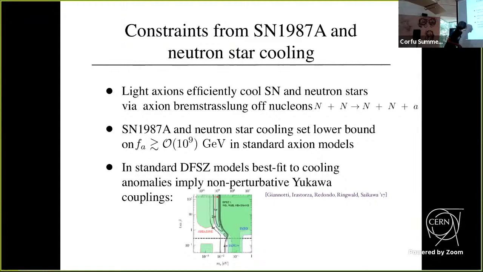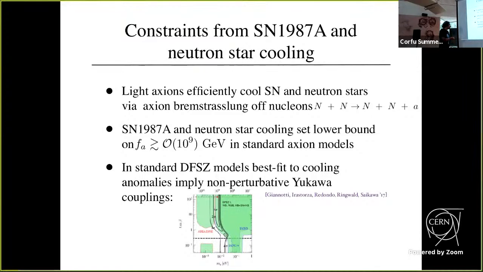So in standard DFSZ models, it's almost impossible to explain the stellar cooling anomalies. Basically, this is the DFSZ1 model. I'm not sure if it's that visible, but they studied in this paper a fit to all the stellar cooling hints, including also constraints from supernova and neutron stars. The best fit is this red dot.